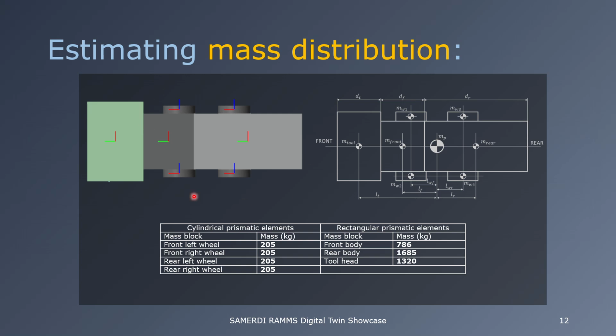So now we can take our geometric model and we can assign different masses to each of the geometric blocks. The problem, however, is that we only measured the single quantity, so the single mass and its location. We need to break this big mass block up into its constituent parts.